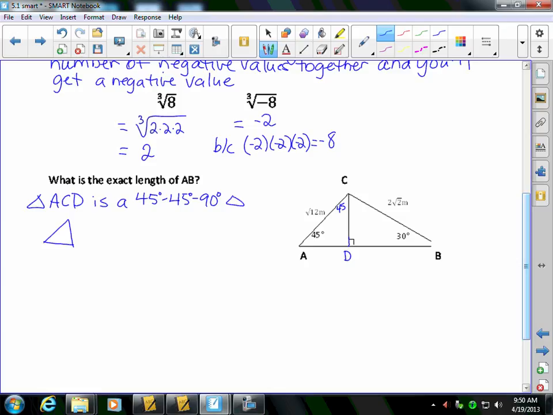But we're going to use the 45, 45, 90. So we know from our 45, 45, 90 that your sides are 1, 1, and square root 2. So we're going to use trig functions. We're not going to use cosine law.